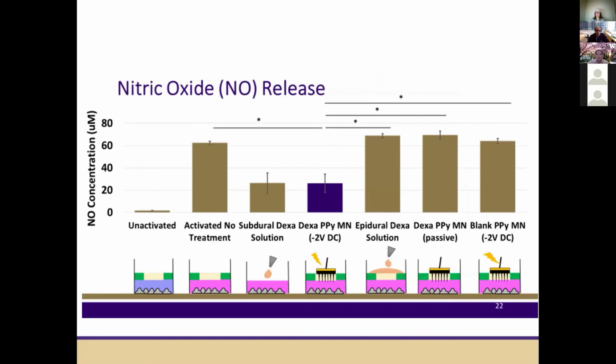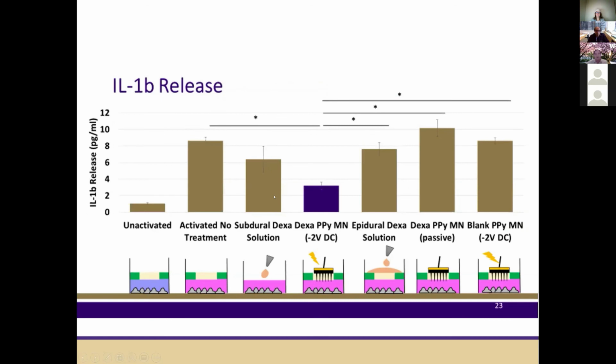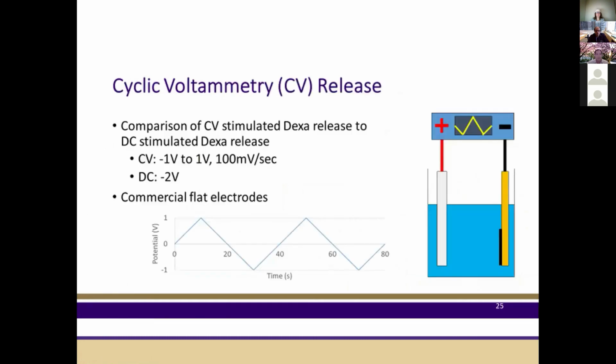This is an example of nitric oxide release, and we showed that with our system, again, implanted in the epidural space, we could have transdural delivery and knock down nitric oxide release to the equivalent level of a positive control of a subdural dexamethasone solution. Similarly, we could knock down production of inflammatory cytokine. Here's an example of IL-1 beta.